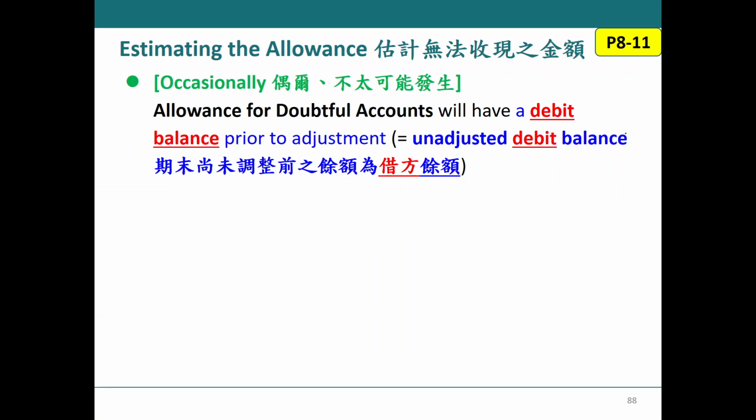So for a debit balance, you have unadjusted. Remember what it means? Unadjusted, 未调整. It means the existing balance, your remaining amount on your accounting books.